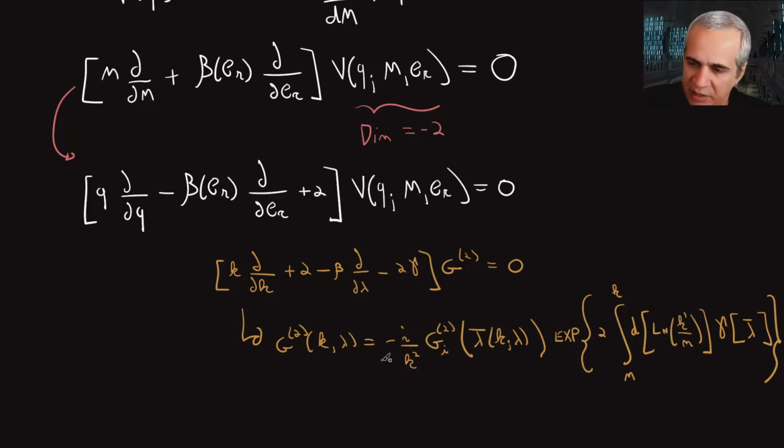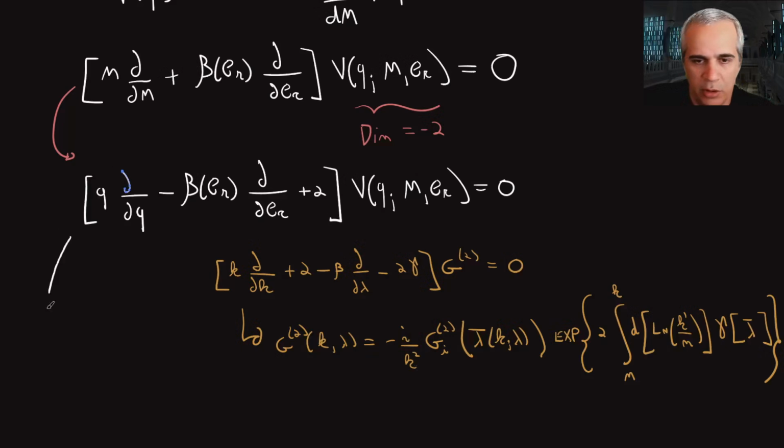And if you remember this small factor in front, I can put it in or out of this function. I can define it conveniently. In this case, I defined it in this way to get explicitly the free theory propagator here. And in the case of the potential, the natural thing to do would be to have a Coulomb-like potential right here.